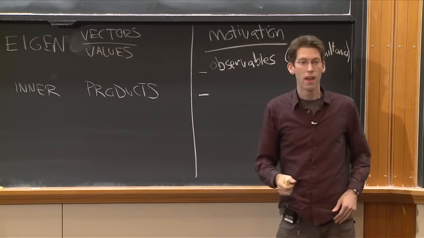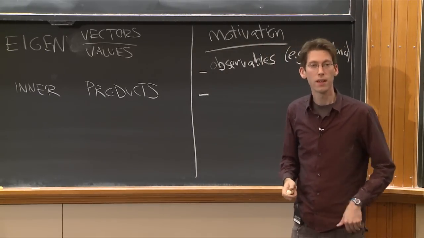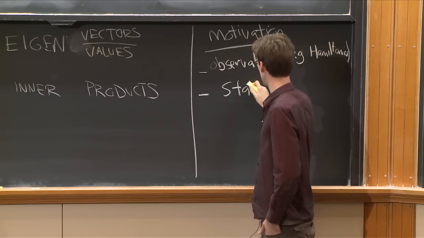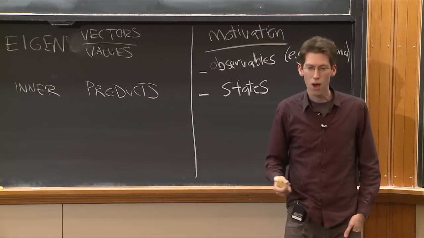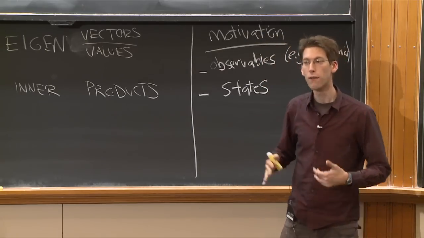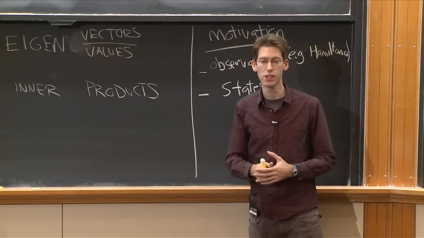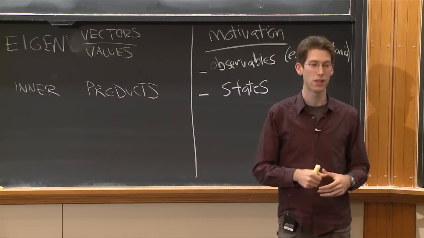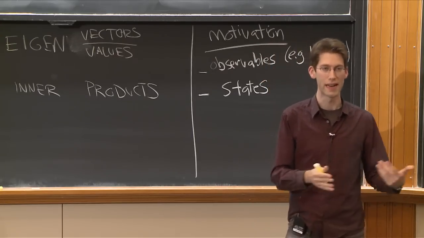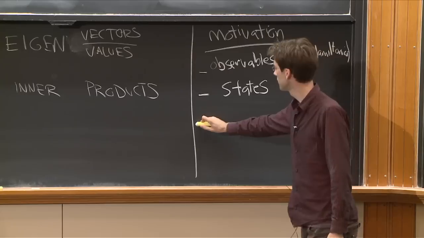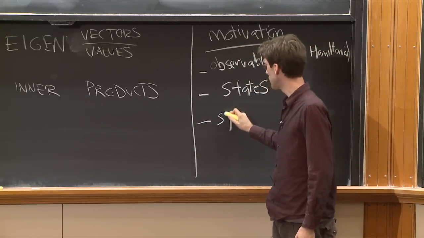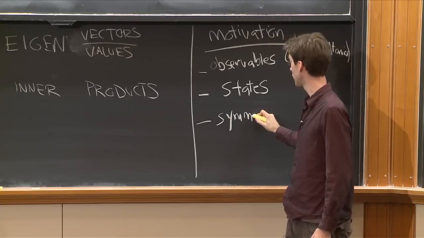They also, as you will see in the future, are useful for talking about states. Right now, states are described as elements of a vector space, but in the future you'll learn a different formalism in which states are also described as operators, what are called density operators or density matrices. And finally, operators are also useful in describing symmetries of quantum systems.